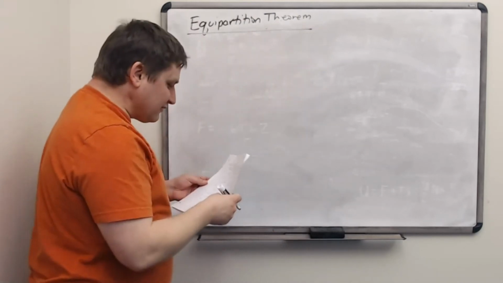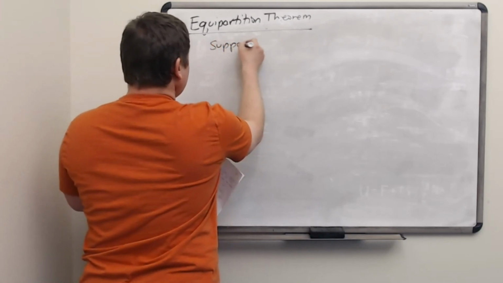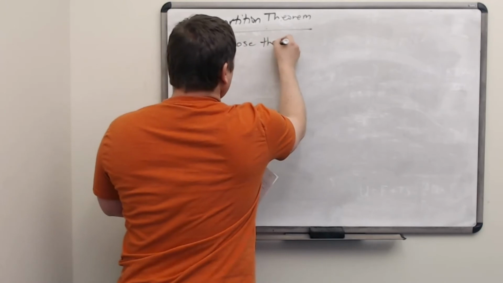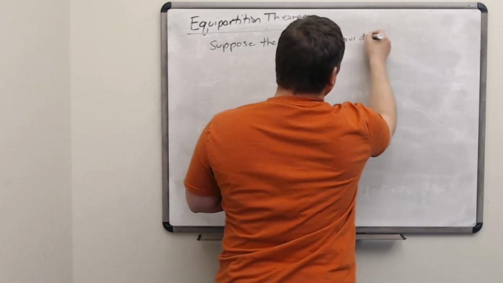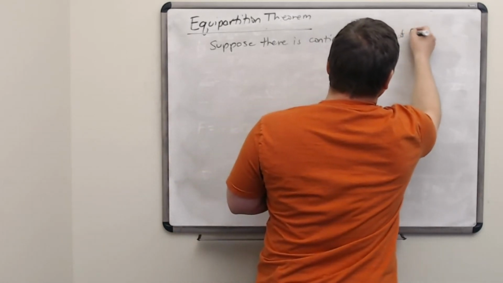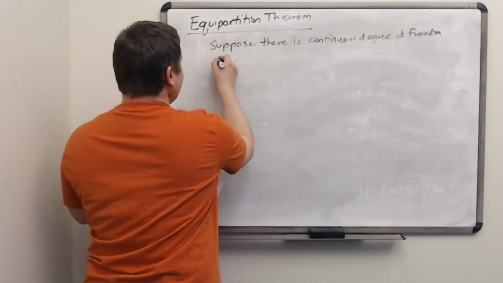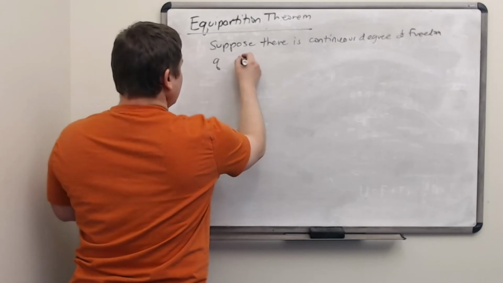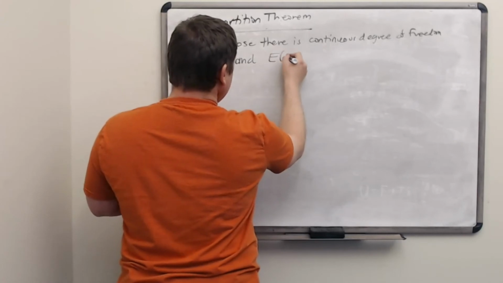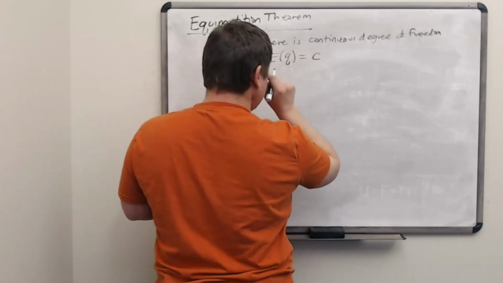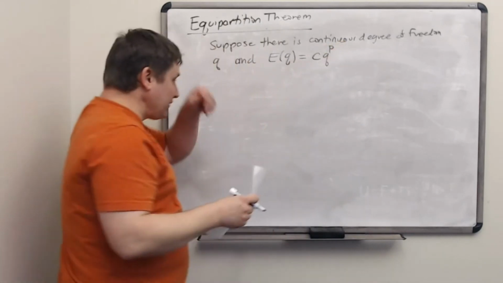So we're going to be very general now. Suppose there is a continuous degree of freedom Q, and this degree of freedom produces an energy, E of Q, that is equal to some constant, C, times Q to some power, P. So extremely general here.